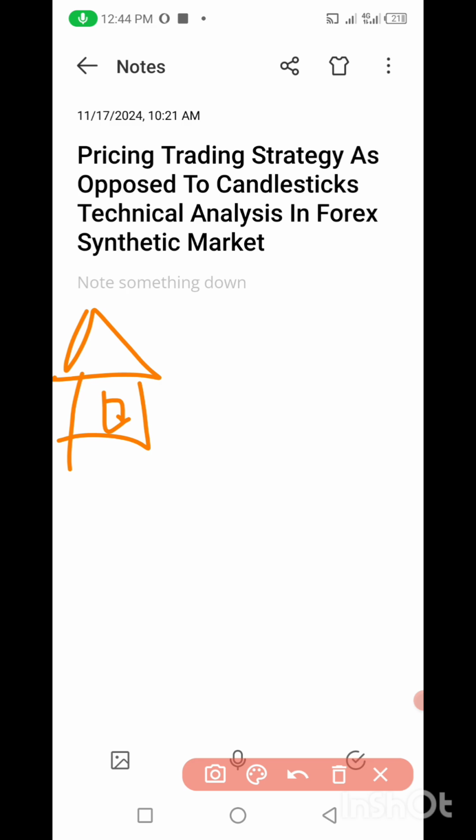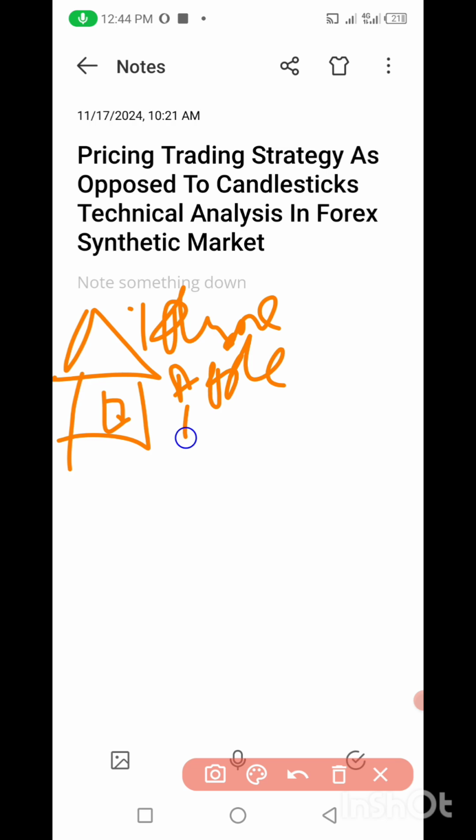Let's say we are wholesalers of mobile devices. Let's say the brand we focus on is iPhones. We focus on iPhone and Apple laptop.